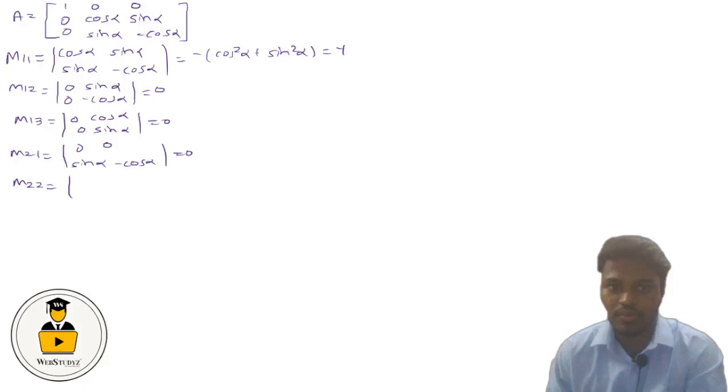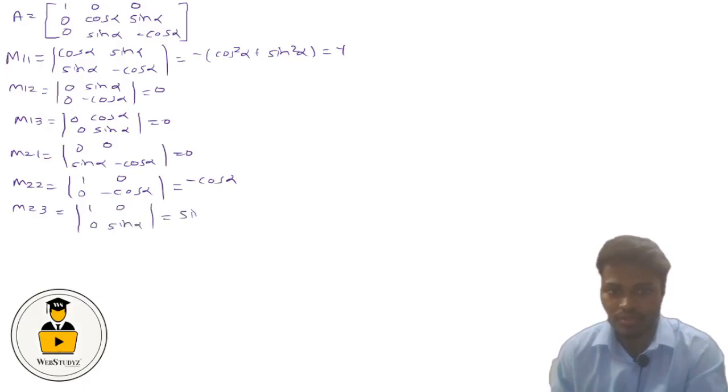That means it will be 1 0, 0 minus cos alpha. So this is minus cos alpha. Then M23 will be 1 0, 0 sin alpha. So it is sin alpha.